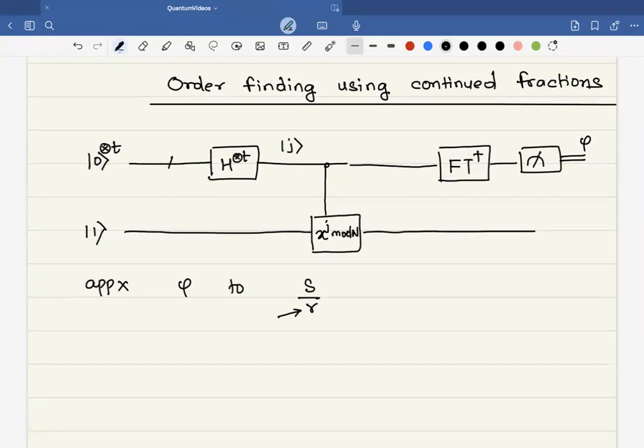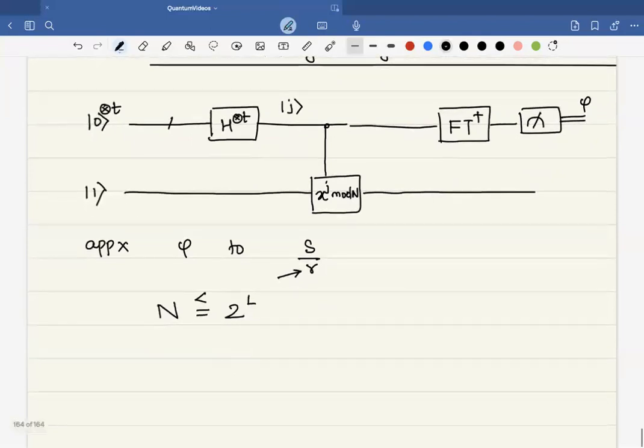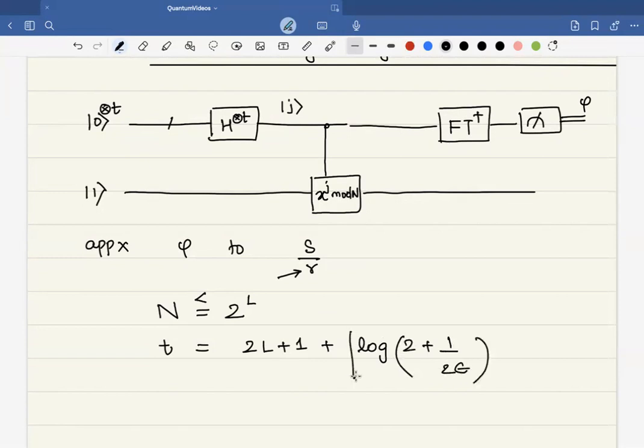So the first thing is that we have to choose. Let's take N, which is our domain of the numbers that we'll be choosing from. And let N be equal to 2 to the power L, and we can just take maybe an inequality. And we take t to be equal to 2L plus 1 plus log of 2 plus 1 over 2 epsilon, just like in the phase estimation algorithm.